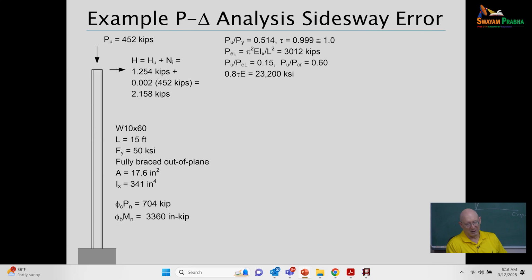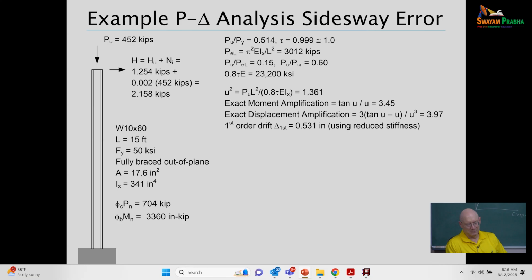We're showing this as a direct analysis method solution, so with a reduced stiffness. I'm not showing you the derivation of these equations, but if I go to theory of elastic stability and do a differential equation solution for this problem, I can derive, quote, exact moment amplification and displacement amplification formulas, and we can write those in terms of the quantity lowercase u that you see here.